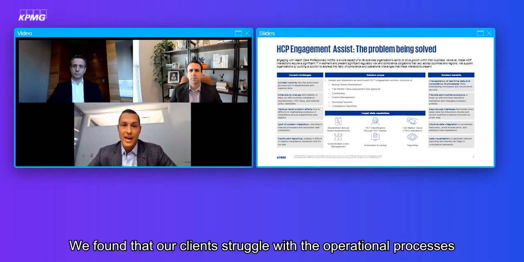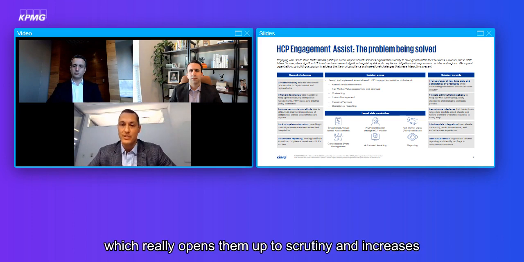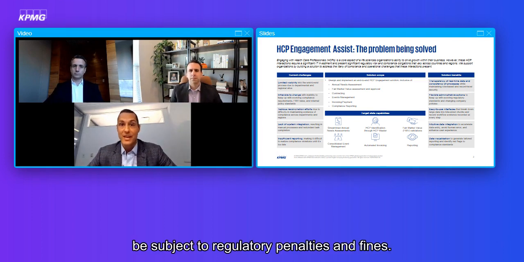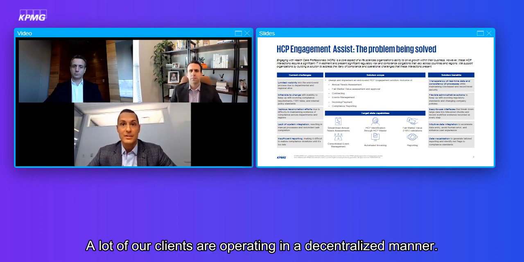We found that our clients struggle with the operational processes and workflows associated with this area, which really opens them up to scrutiny. It increases their risk profile and increases the risk that they could be subject to regulatory penalties and fines. A lot of our clients are operating in a decentralized manner.